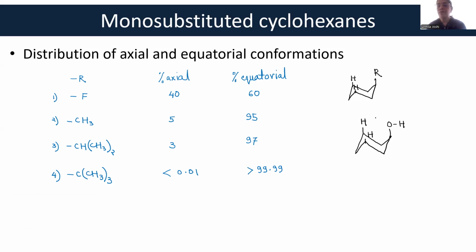But when I confirmed it in the latest books, it is given that cyclohexanol also remains in equatorial form. But if there is a question why it remains in axial form, you can mention that there is hydrogen bonding. Hydrogen bonding is not possible because this hydrogen is not attached to a heteroatom, and so hydrogen bonding seems difficult.